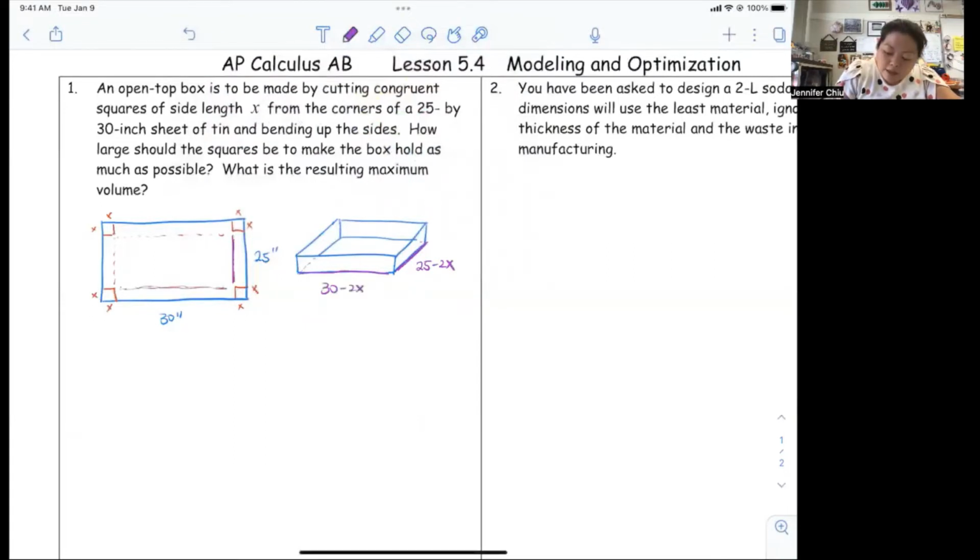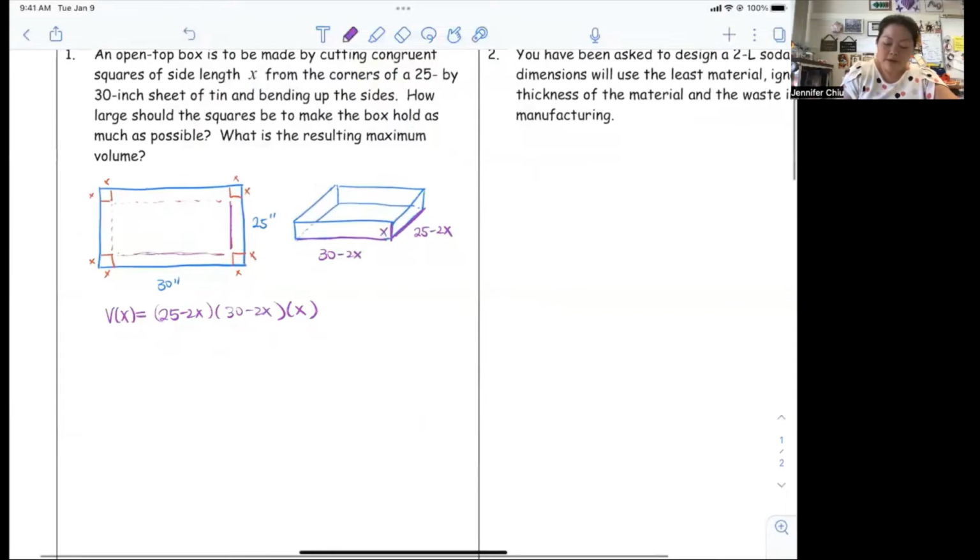And then the height of my box here is x, however large that square you cut out is. So the volume function of this will be length times width times height, or base area times height, however you want to remember your formula from the past, right? In this case, I would strongly recommend to just multiply this out and get it into standard form. That would give you 4x cubed minus 110x squared plus 750x, okay?